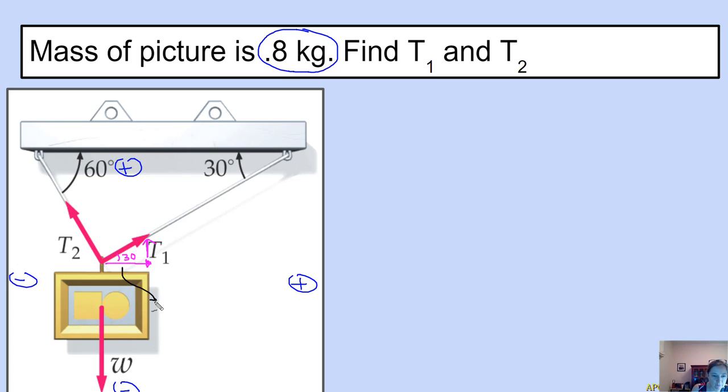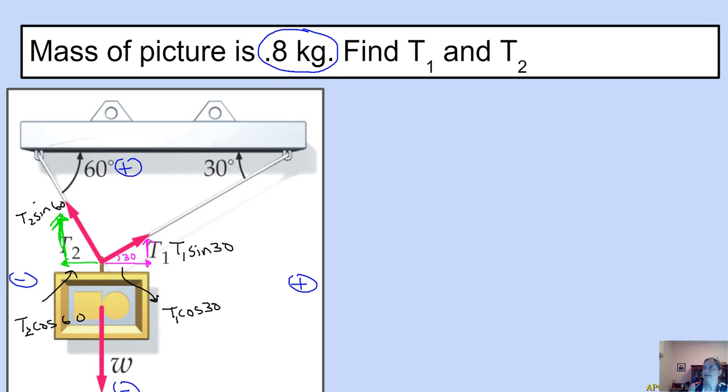So this leg right here is T1 cos 30 because coastlines are horizontal, and this little pink up is T1 sine of 30. And then T2 has a little bit left and a little bit up. And those are going to be T2 cos 60 and T2 sine 60.